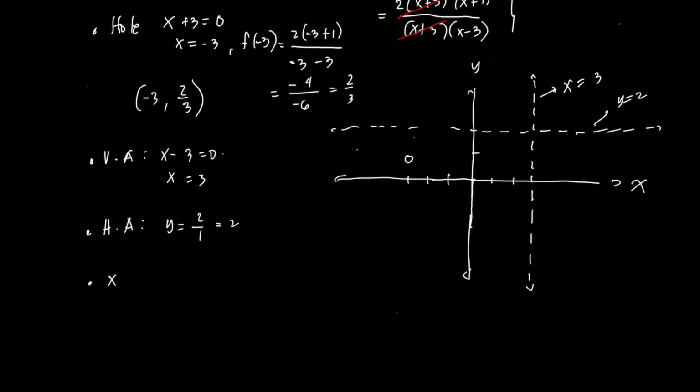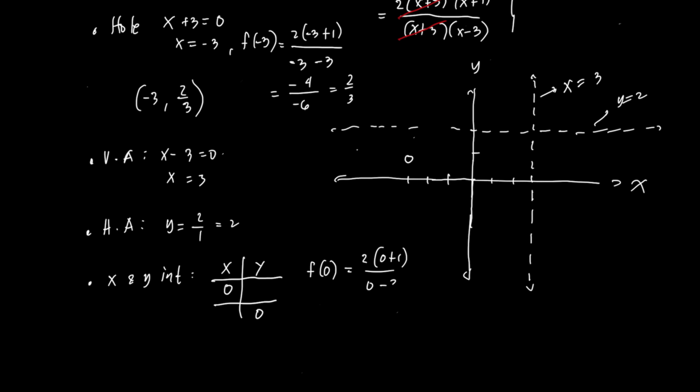Next, let's locate the x and y intercepts. Here you can just make a table, x, y. When x is 0, what is y? When y is 0, what is x? From the simplified form, our f of 0 is 2 times 0 plus 1 over 0 minus 3.